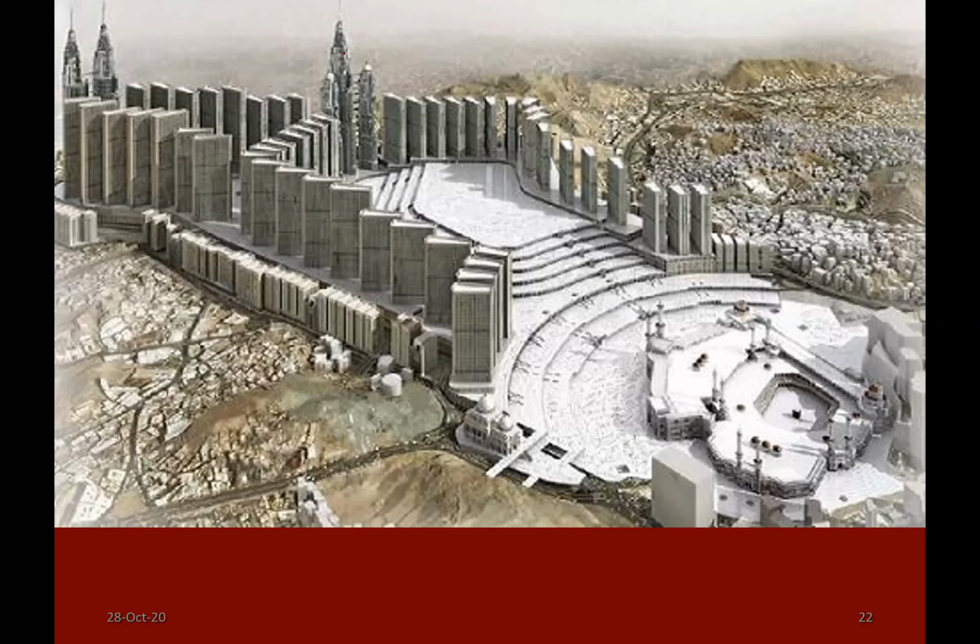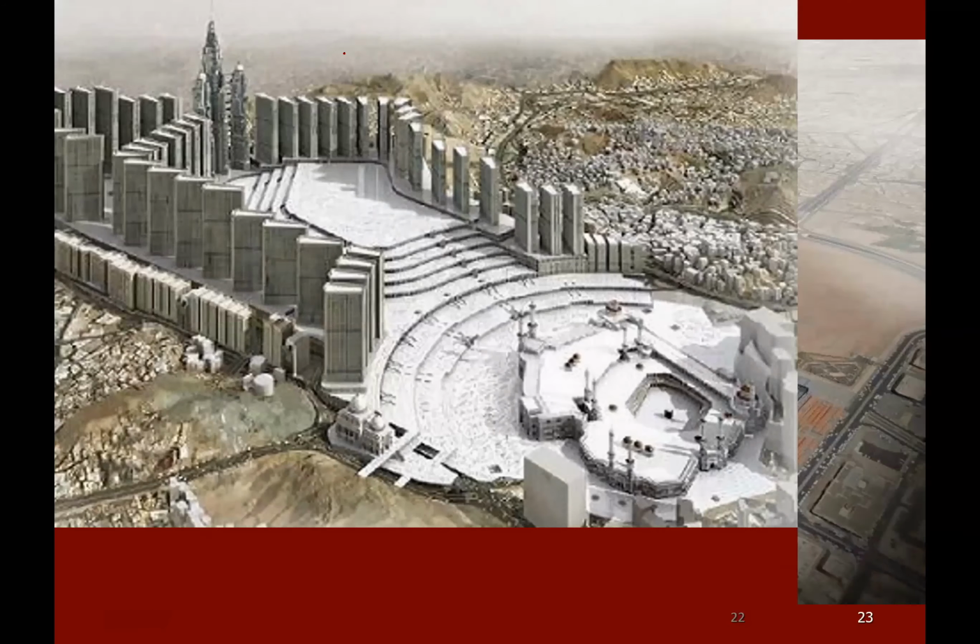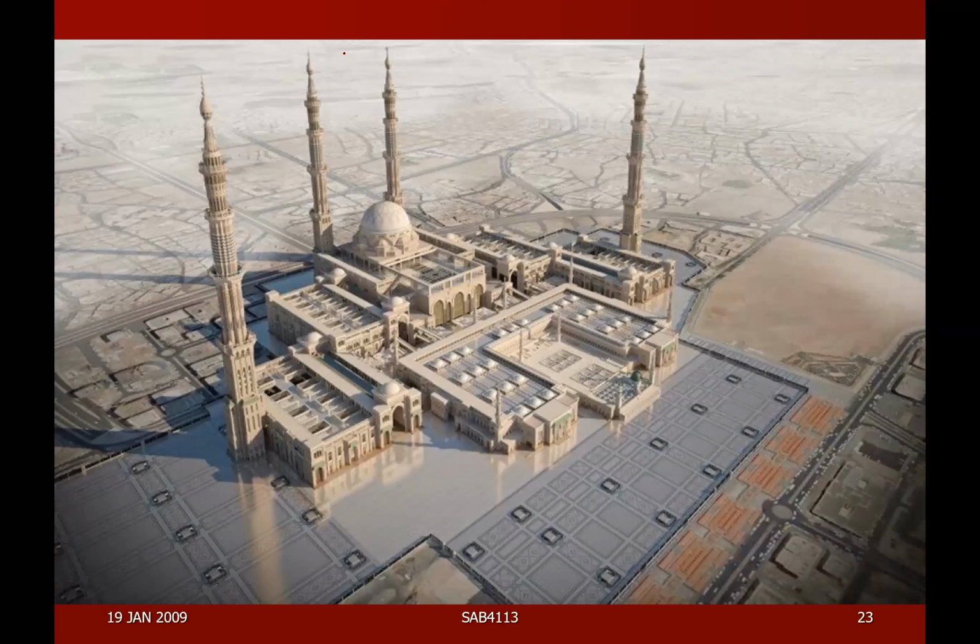So I would say the life cycle of a project in the city of Makkah, for instance, is basically very short. In a very short period of time, they demolish and they rebuild again and again. We might not be able to do this in other places because of the issue of supply and demand. Who is going to pay for the project? Okay.